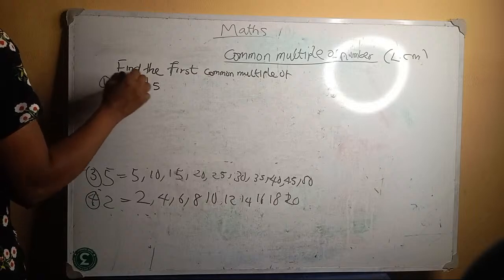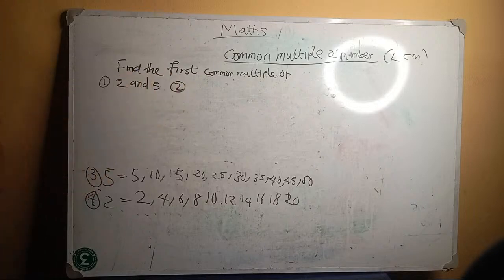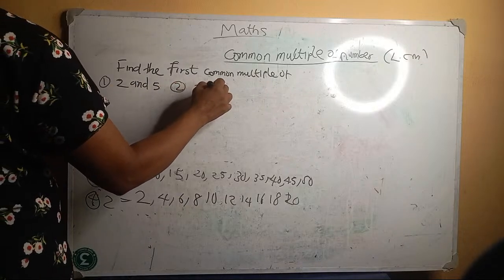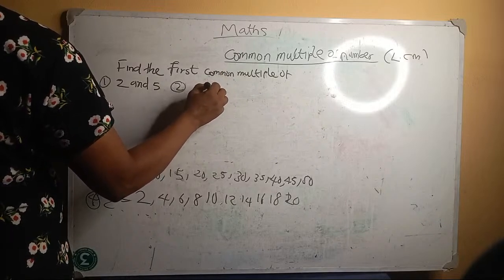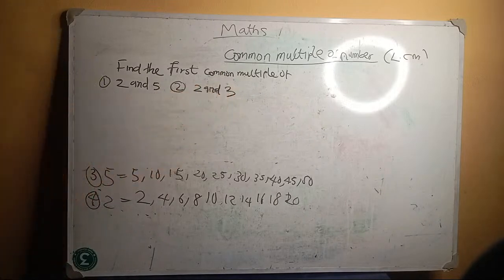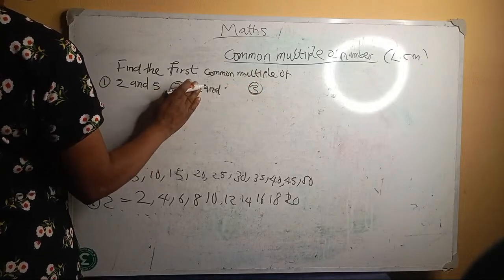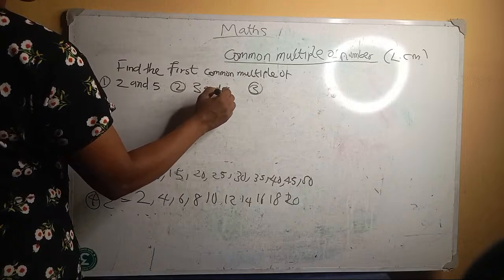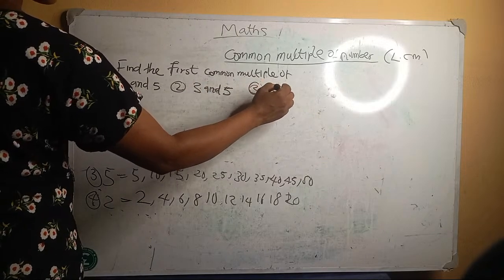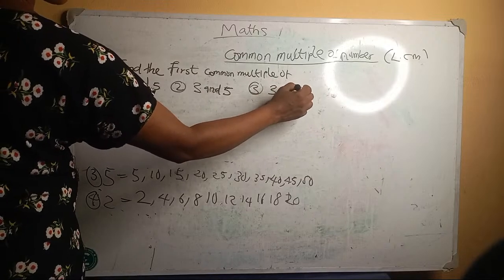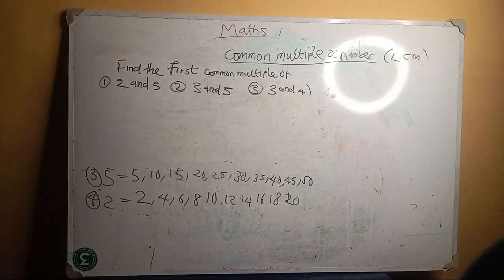Number two is the first common multiple of 2 and 3, and number three is the first common multiple of 3 and 4. So now let's go ahead and solve it as fast as possible.